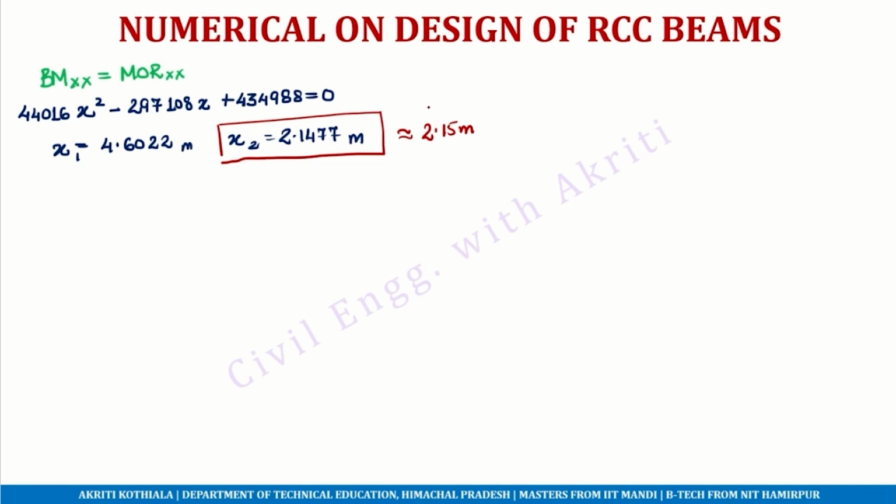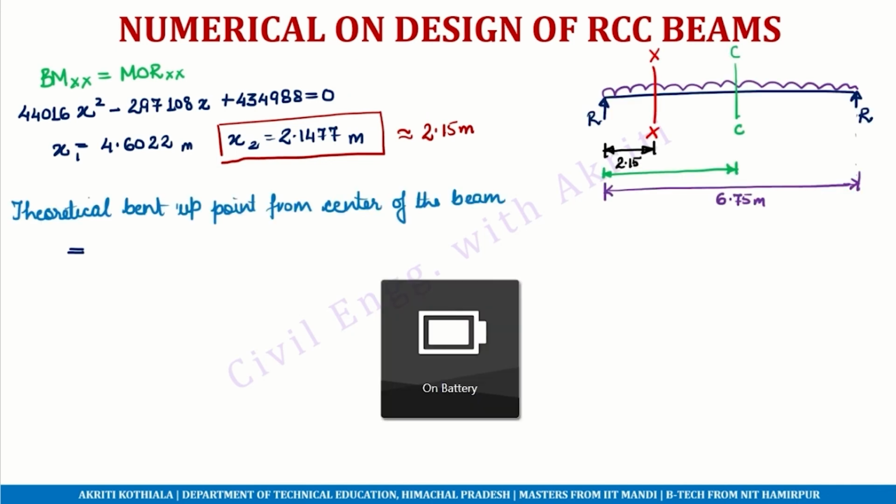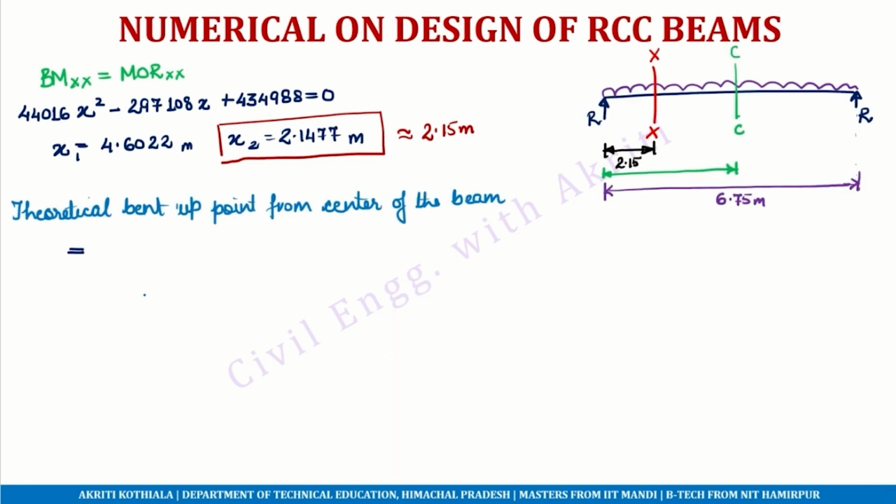We can calculate this value from the center of the beam. So from the center of the beam, the value will be equal to 6.75 by 2 minus 2.15. So this calculates to be equal to 1.23 meters from the center of the beam. So this is the theoretical cutoff point. However, we know that this cannot be the actual cutoff point.